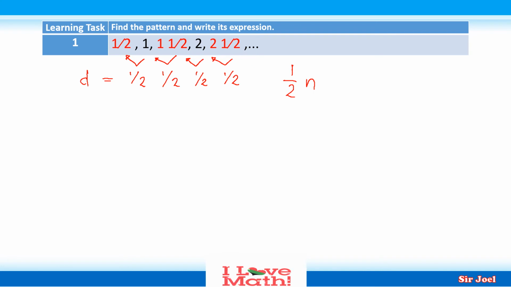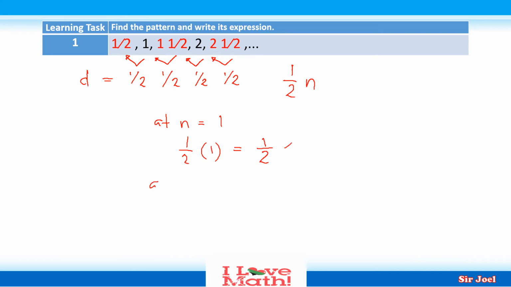I-check natin. At n equals 1. So, dapat ang lalabas dito ay 1/2 ang first term. Ano? Eh di 1/2, okay, 1/2 times 1. So, 1 times 1 is 1. Then, copy the denominator 2. Uy, tama. 1/2. Ngayon, tingnan natin.